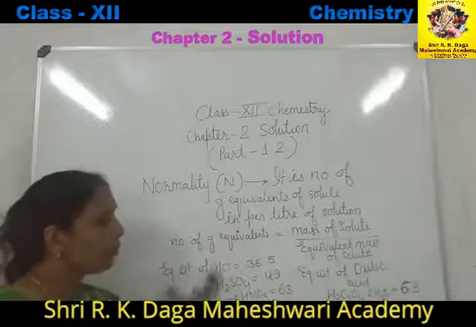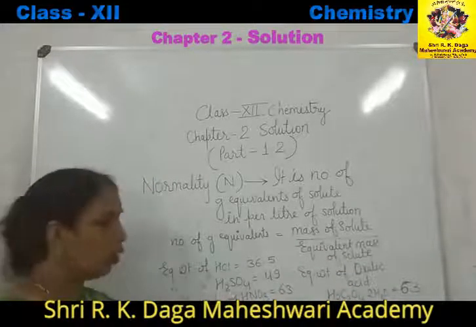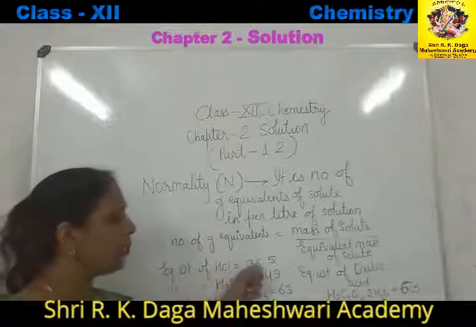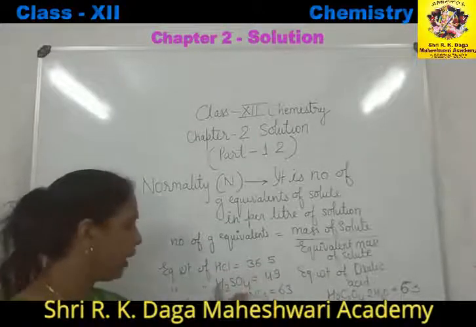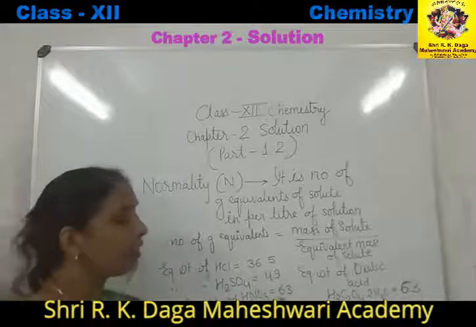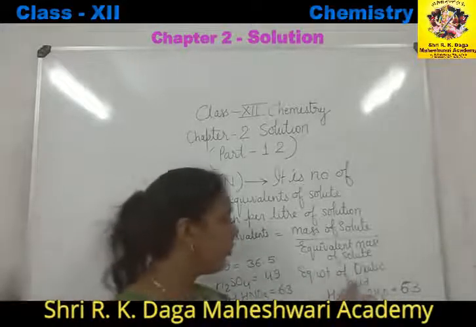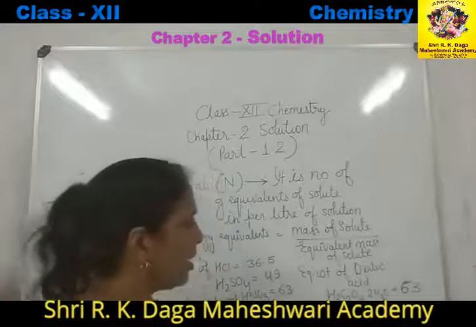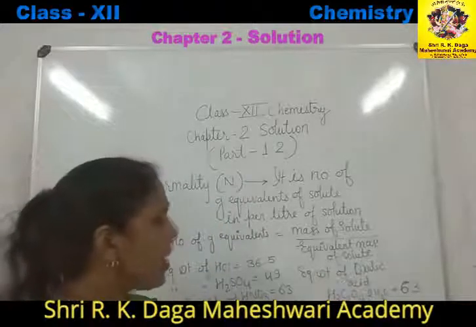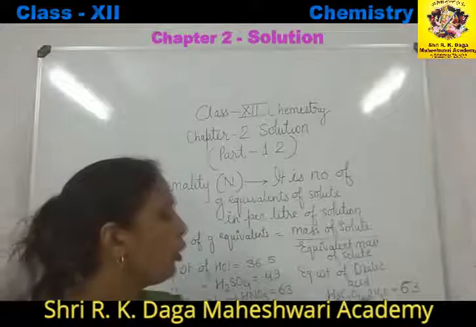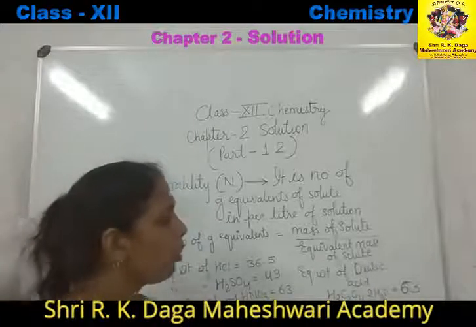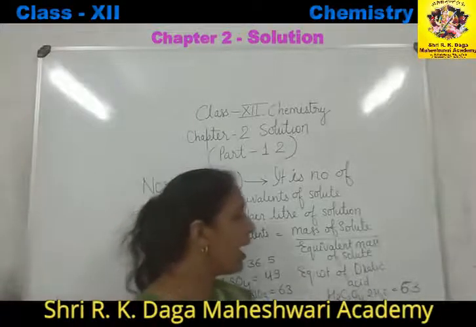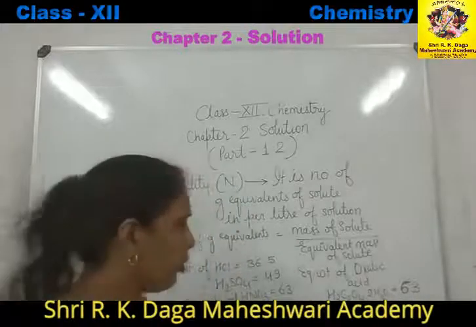Again, some equivalent masses: HCl is 36.5, H2SO4 is 49, HNO3 is 63. Similarly, the equivalent weight of hydrated oxalic acid, H2C2O4.2H2O, is 63. Why am I calling it hydrated? Because it has two water molecules of crystallization.